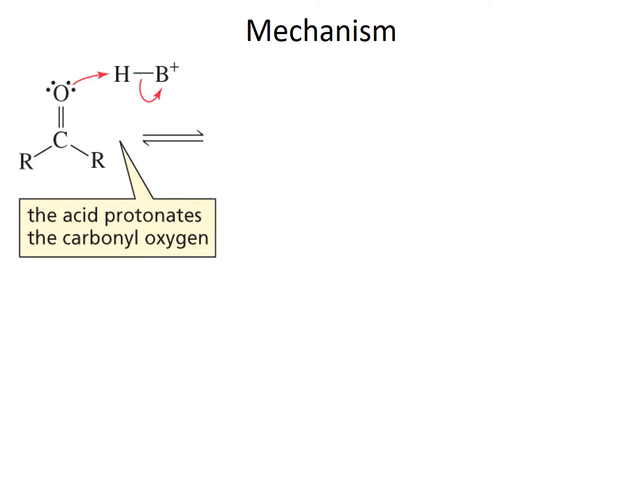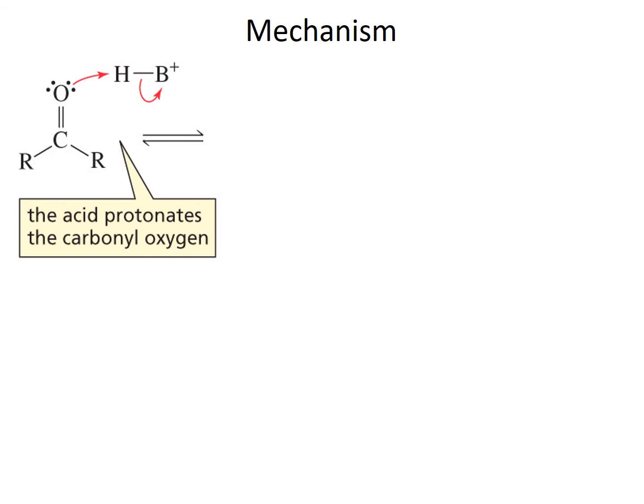This mechanism actually will have a different first step, and the reason why is we have a poor nucleophile. In order to make our alcohol into a better nucleophile, we're going to give it a really strong electrophilic carbon. This will result in a poor nucleophile being able to act as a nucleophile.